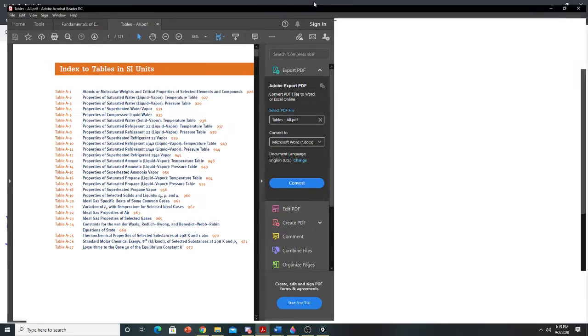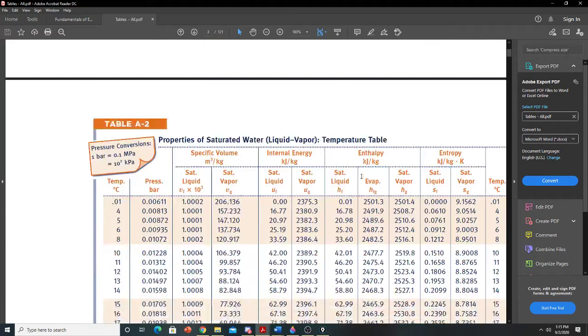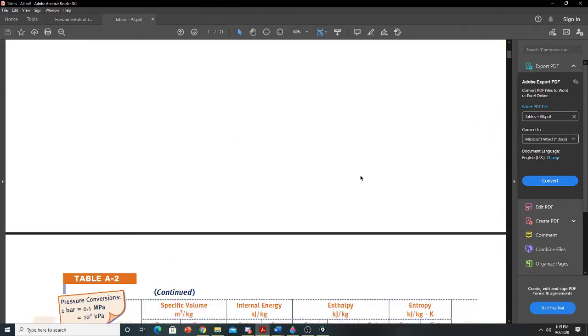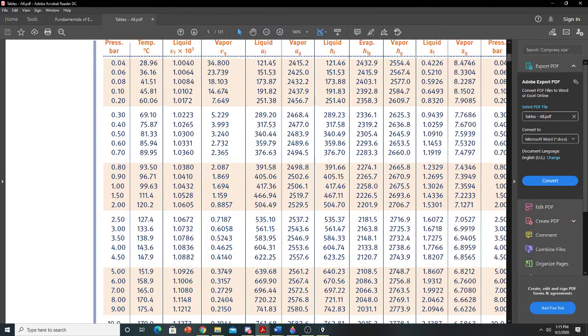Let's go to the saturated water tables. We were given a pressure of 1 bar and a quality of 0.5. Technically, because we were given 1 bar, we were also given the temperature here, right? Because we're in the saturated region.